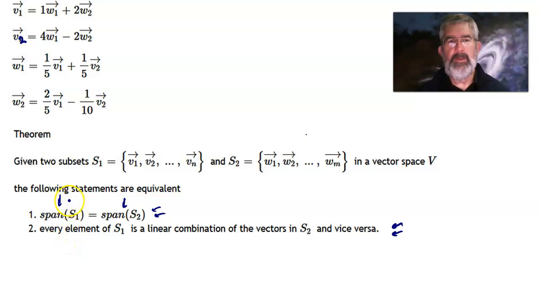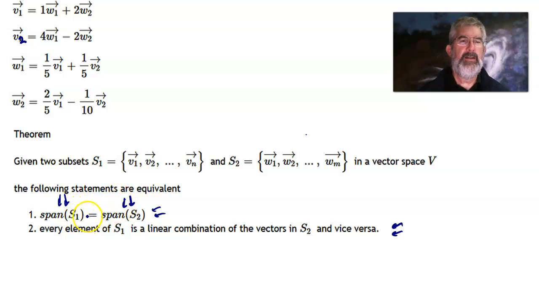And then I'd have to take some arbitrary thing in the span of S1 and show it's in the span of S2. So going this direction, assuming 2, trying to show 1, actually in itself has an if and only if, because the statement that two sets are equal is like an if and only if, that you have to show containment in both directions.